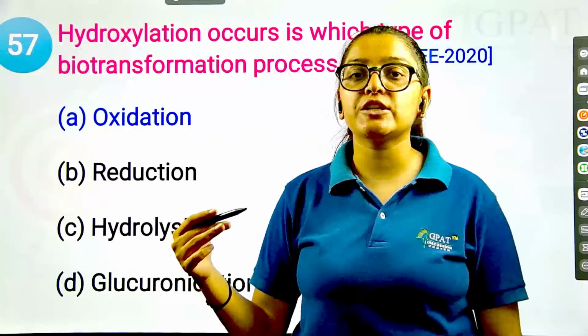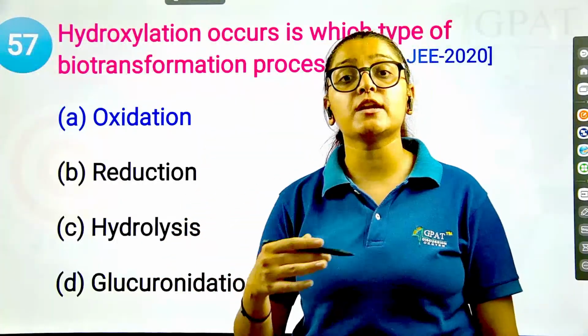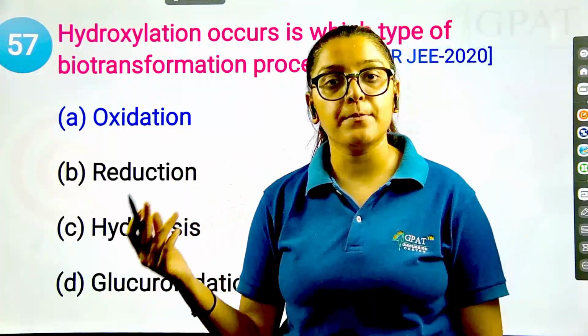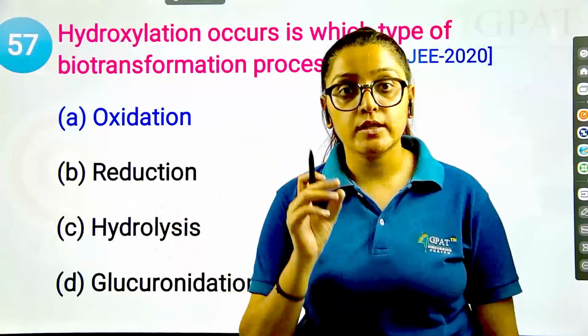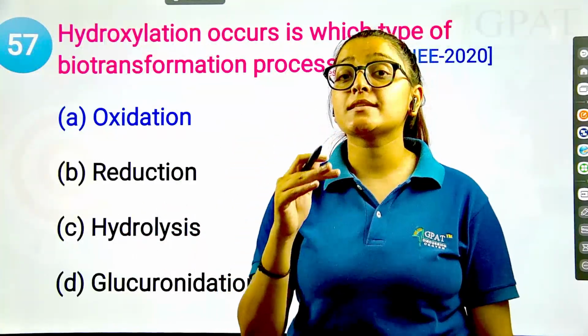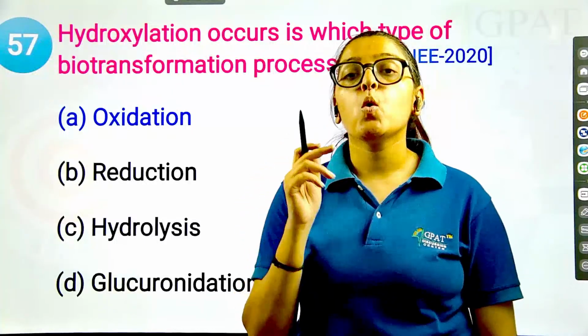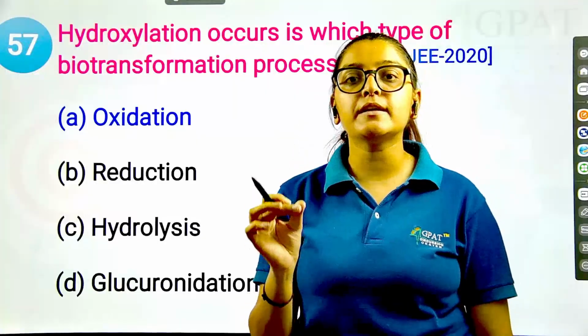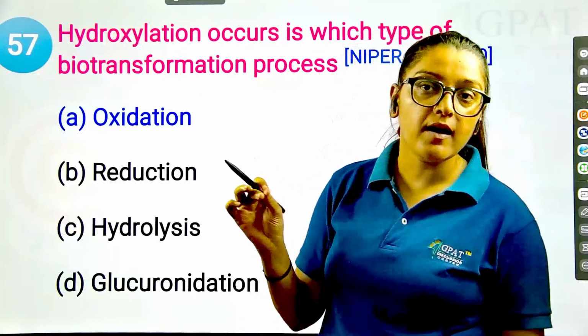Second, we have conjugation reactions in which the drug molecules are conjugated with a suitable conjugating agent and then made polar to be excreted. Second important point, if the size range of the drug molecule is less than 300, only then it will be excreted via urine. If it is more than 500, the major chunk is excreted via bile.